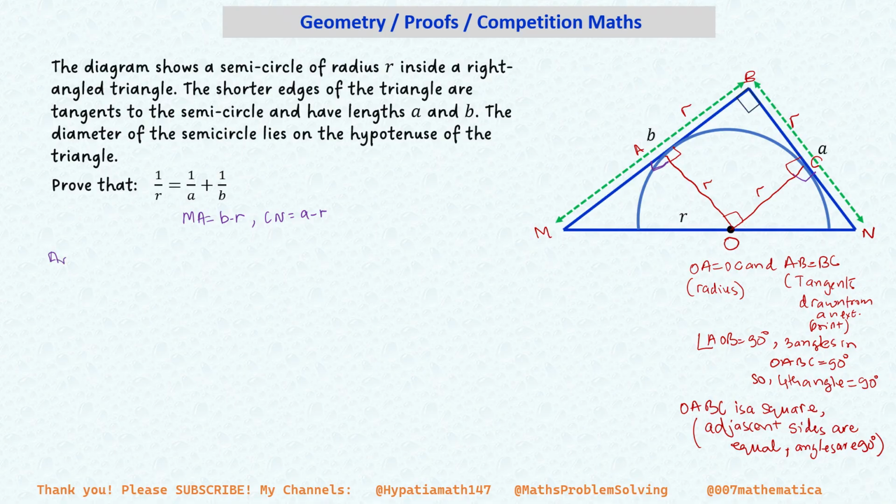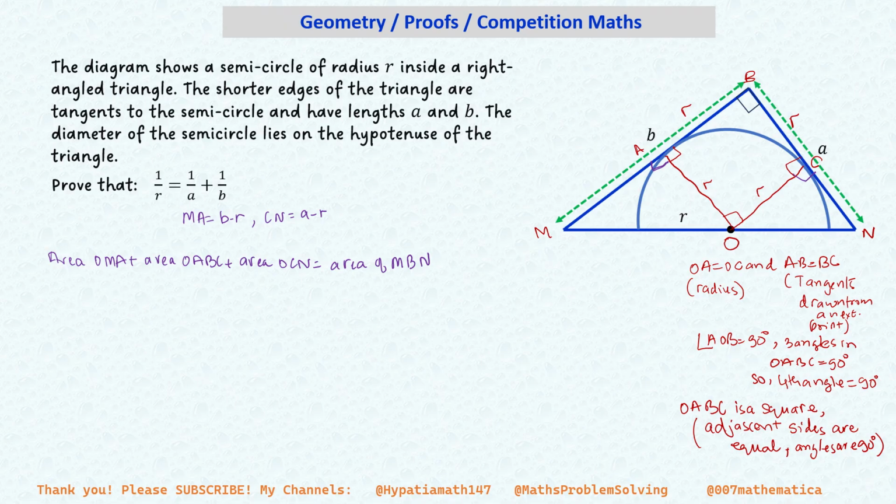So area OMA plus area OABC plus area OCN equals the area of the large triangle, which is MBN. So these are all triangle, square, triangle, triangle.